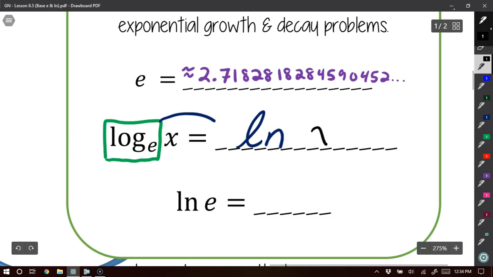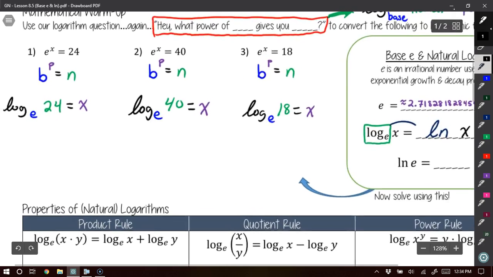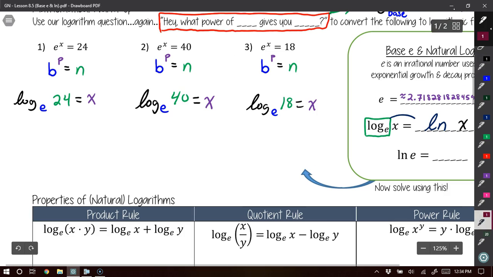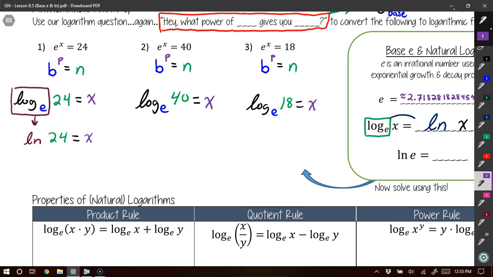So when I see log base e, I can replace it with ln. And it's going to allow me to use one button in my calculator for it. We're not done yet. I can change log base e to ln. So really, this reads ln of 24 equals x. All I did is replace 4 letters with 2.